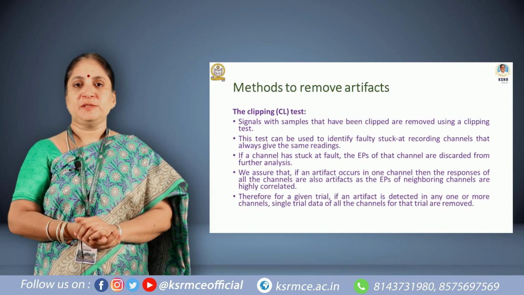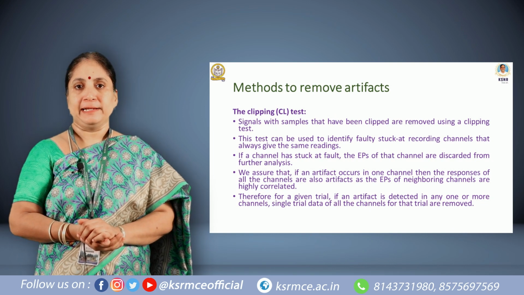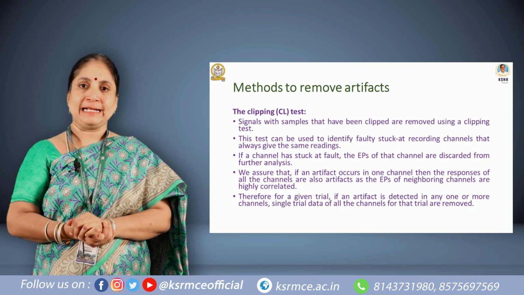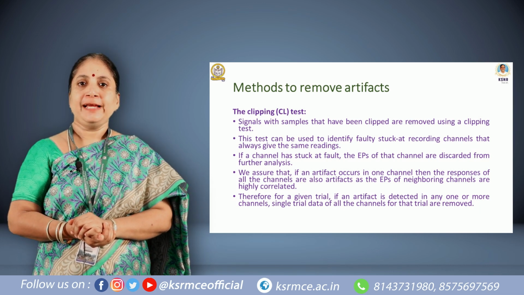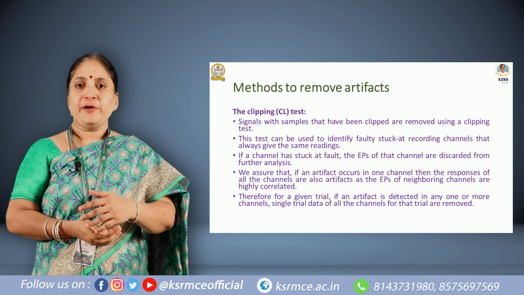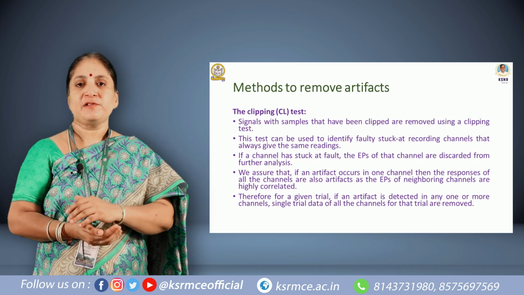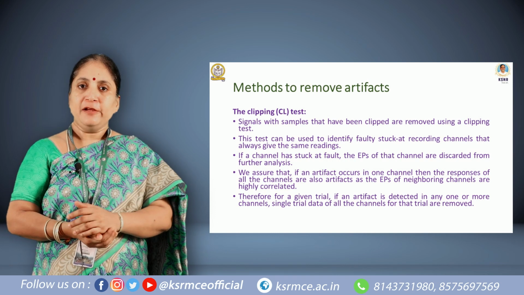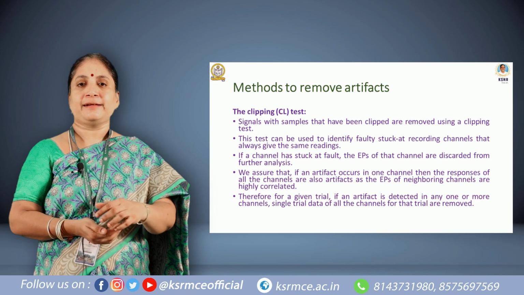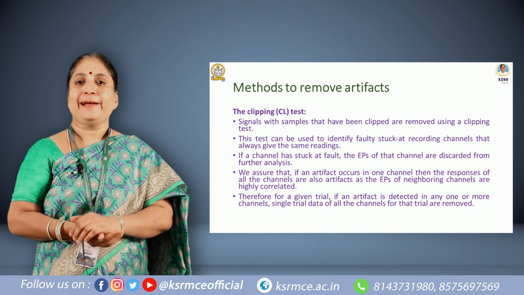The next method to remove the artifacts is the clipping test. Usually, if a channel has a stuck-at fault, the readings from that particular channel will have continuous values, that is, the same values will be obtained from the channel. A channel is nothing but the signal that is taken from a particular electrode.